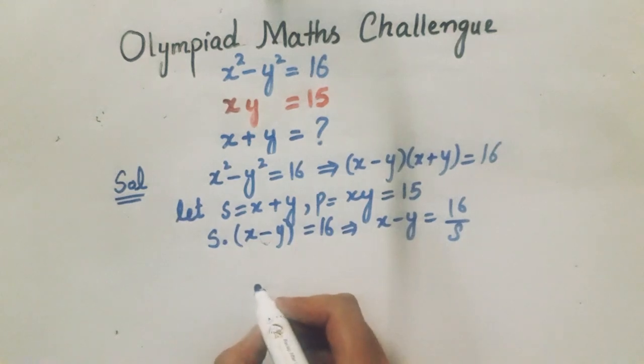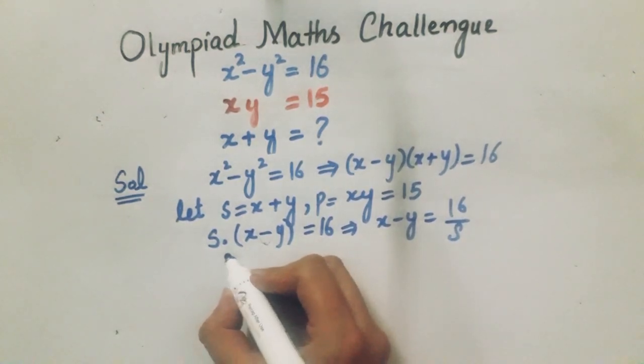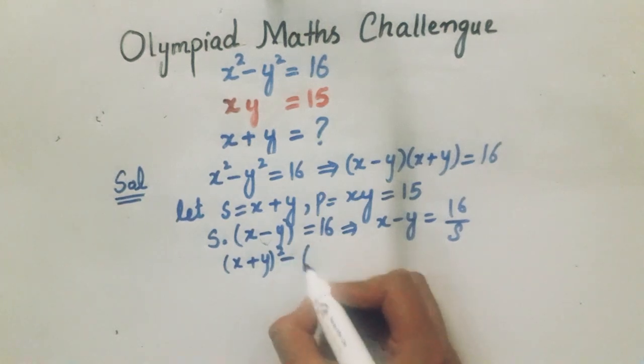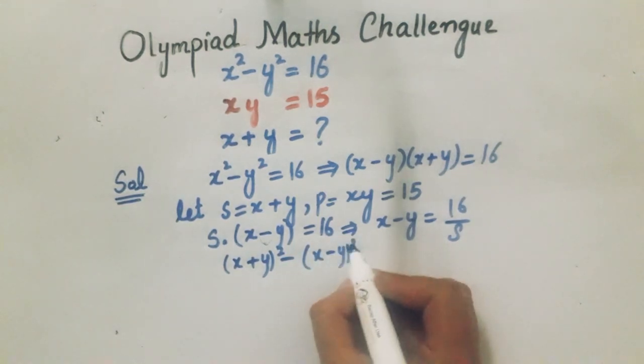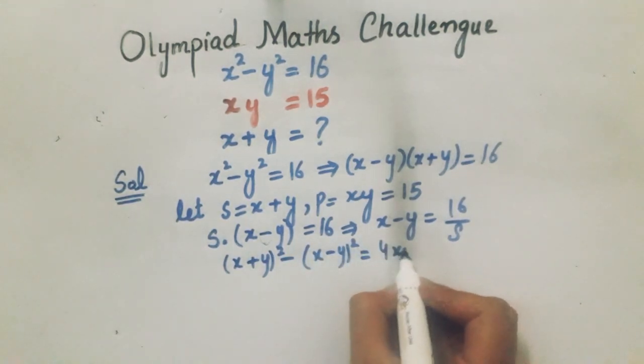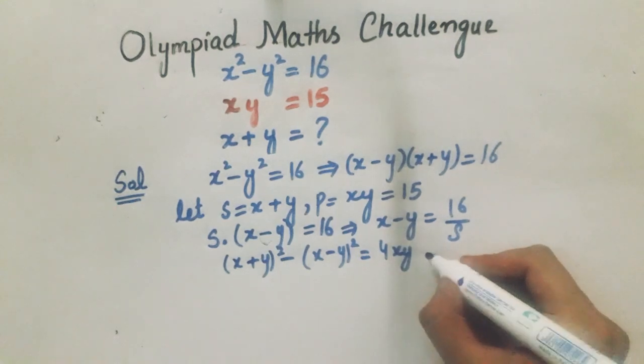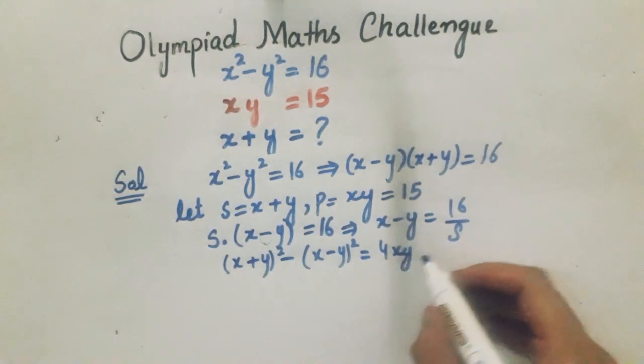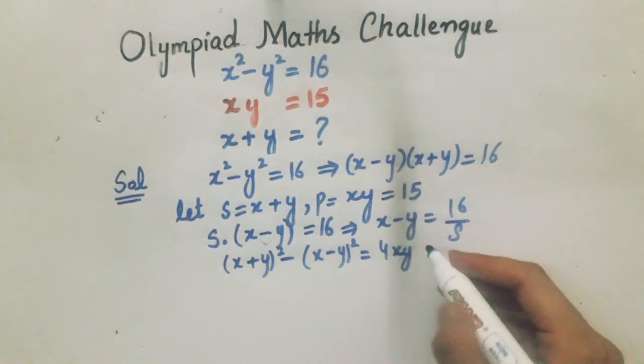Now apply another identity, that is x plus y whole square minus x minus y whole square is equal to the 4xy. So 4xy is replaced by xy is equal to 15.